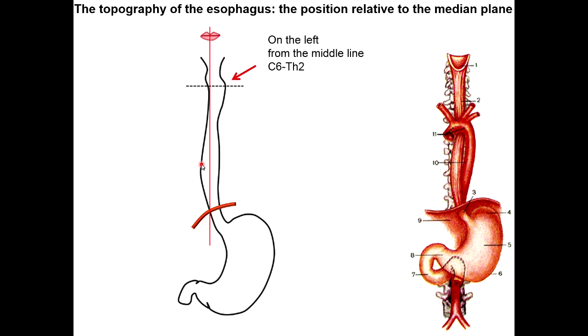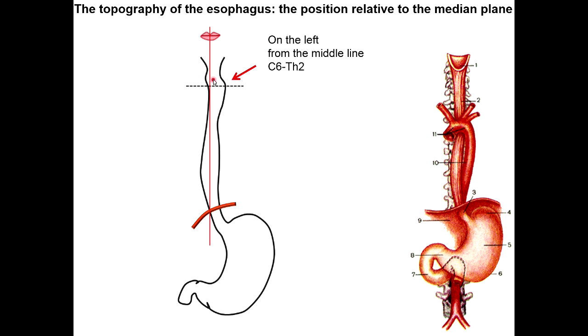So in thoracic region it is both from left and right side, but in cervical region esophagus is situated only from left side.